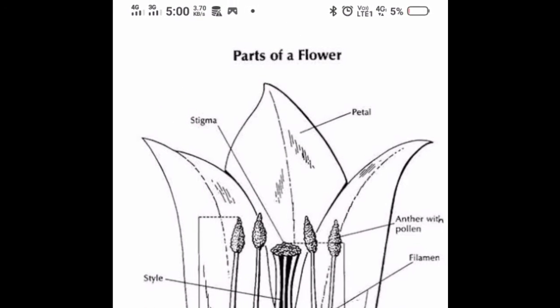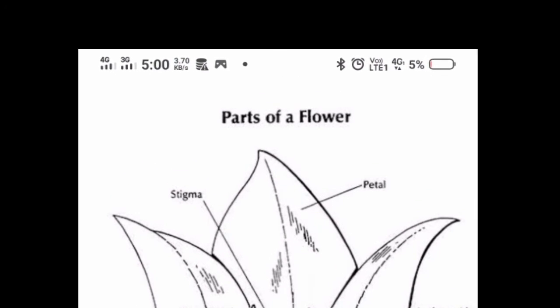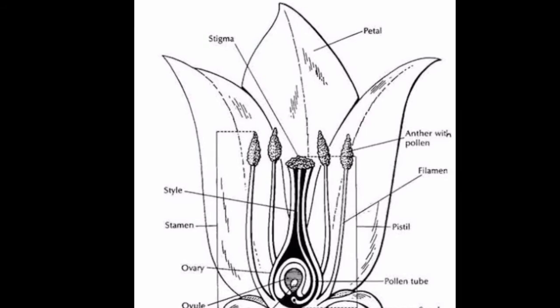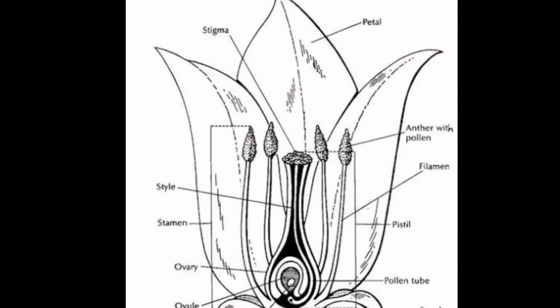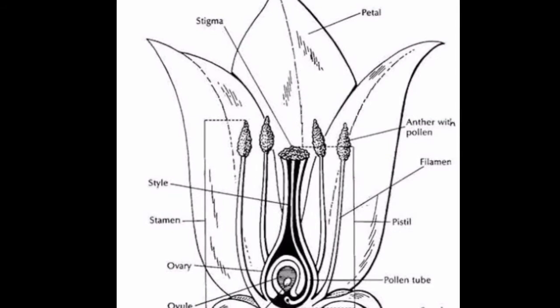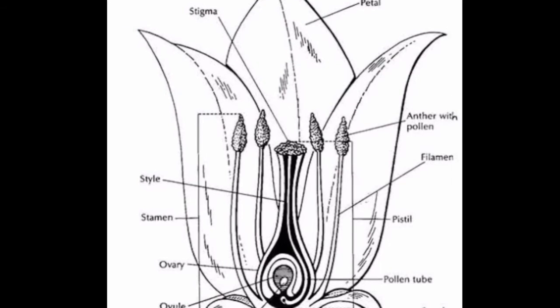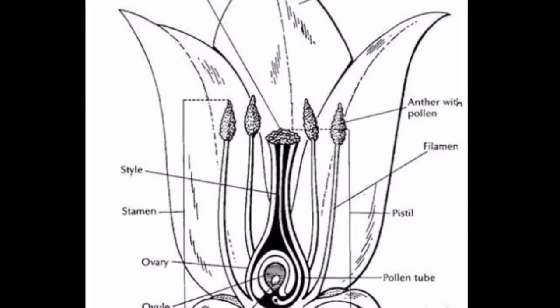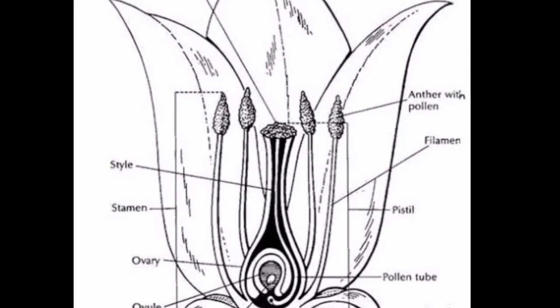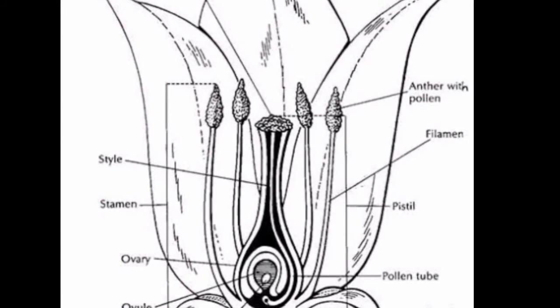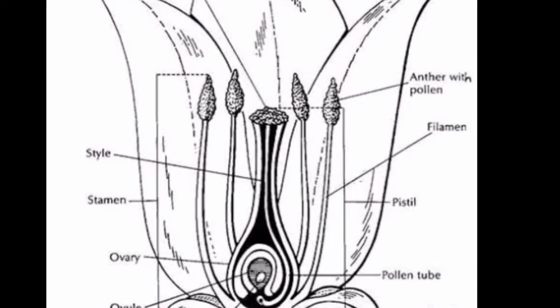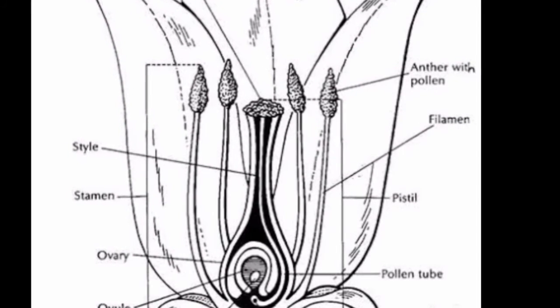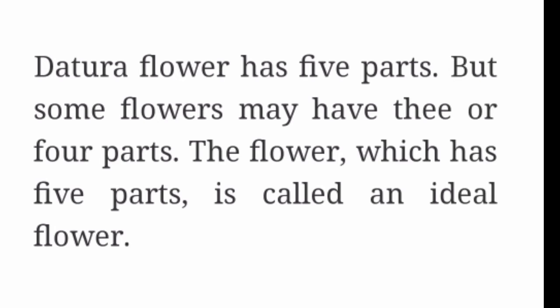These are the parts of flower. This is petal. These are stigma, style, anther wings, filaments, pistil, pollen tube, ovary, ovule. All these are parts of flower, which now you all can easily label.